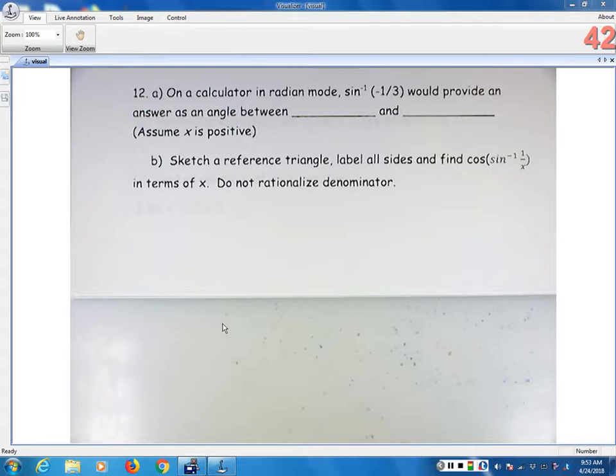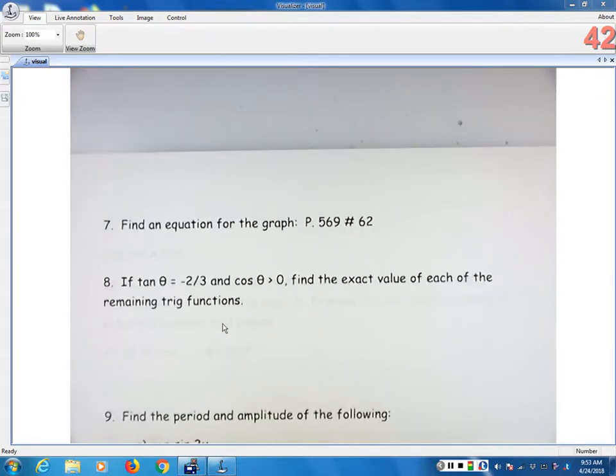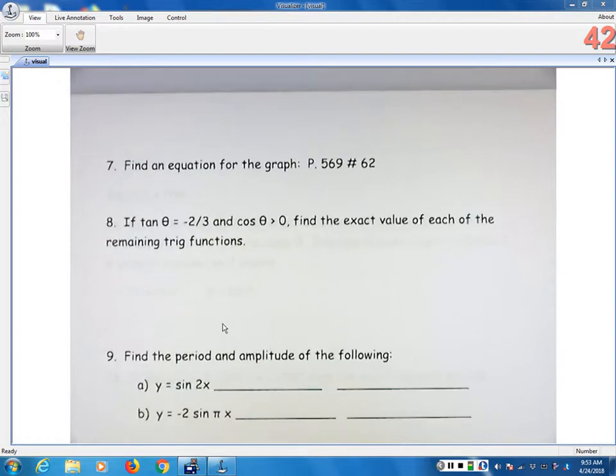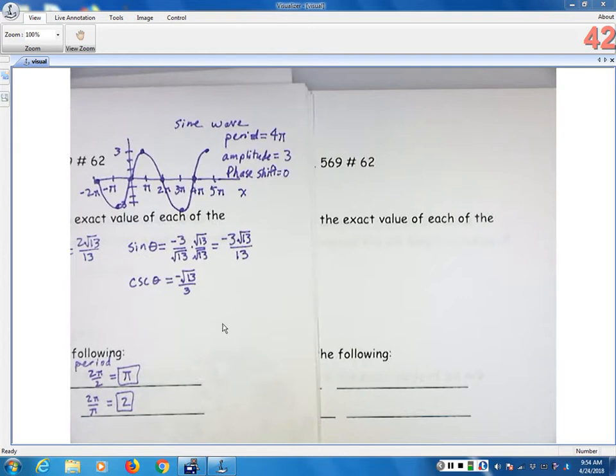All right, so number 7. That's finding an equation. I can give you the function. It's y equals 3 sine 1/2 x. Here I have it. Okay, so here's the picture that we're talking about.